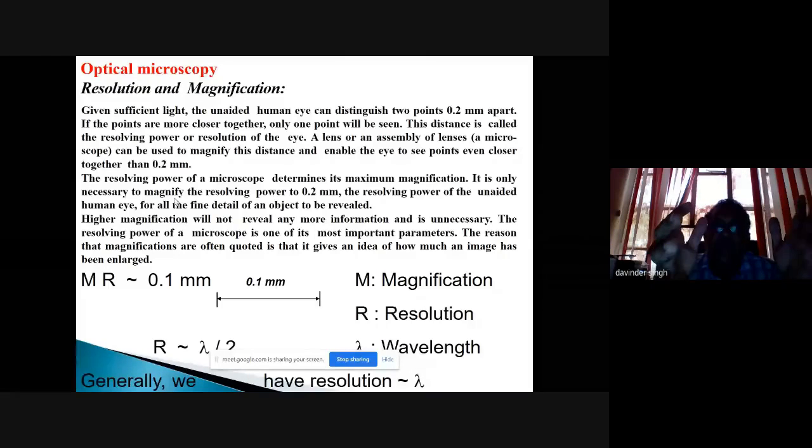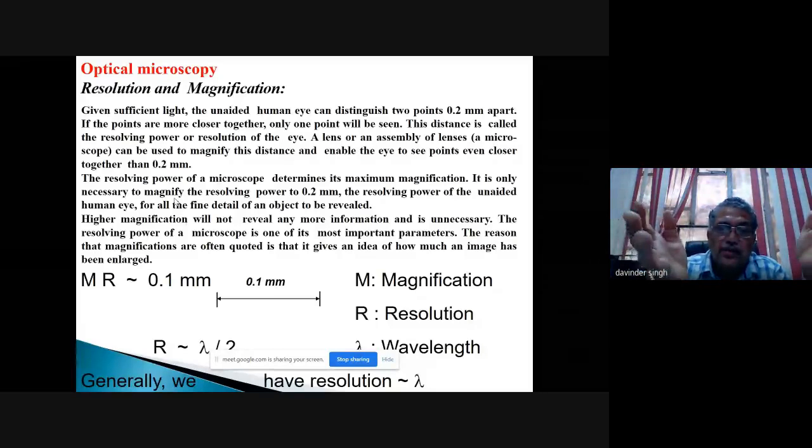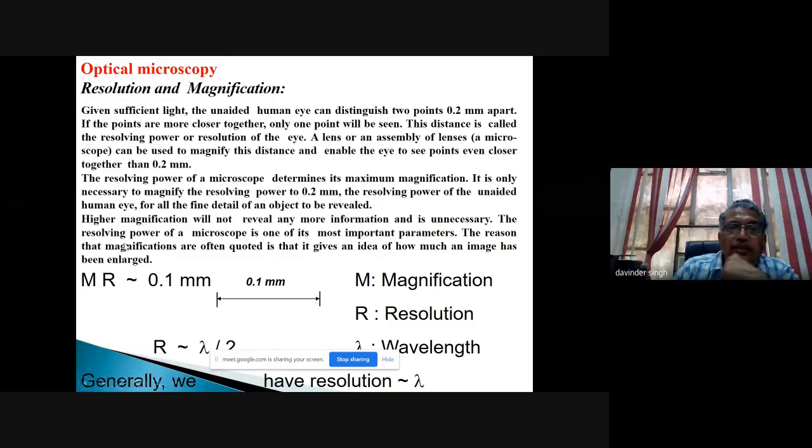So in any type of microscopy, magnification and resolution are both important. The fundamental resolution is generally of the order of 0.1 mm, so we have to understand the compromise between magnification and resolution.